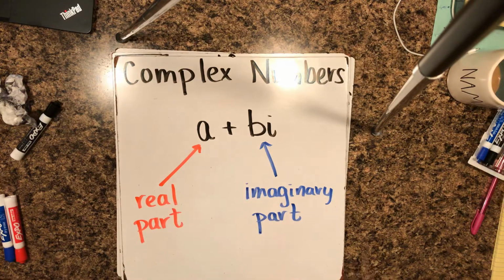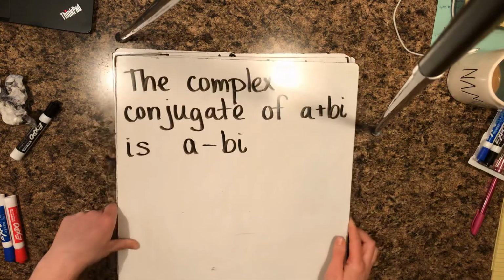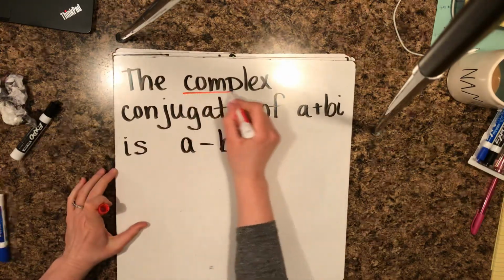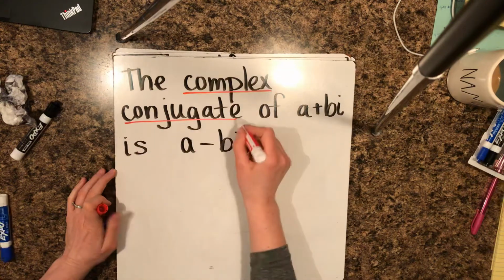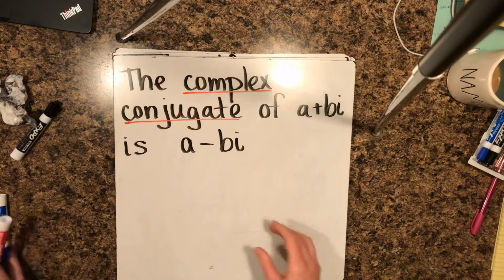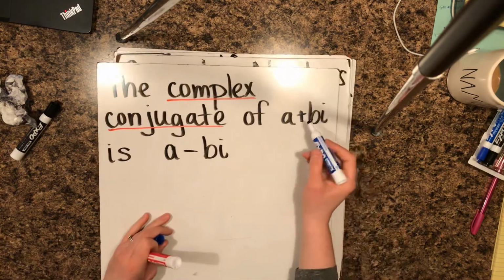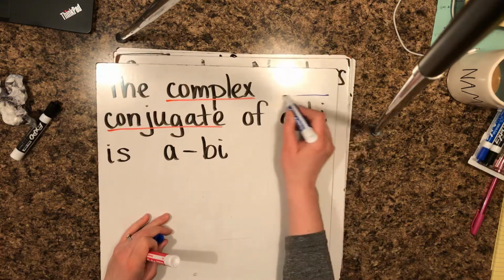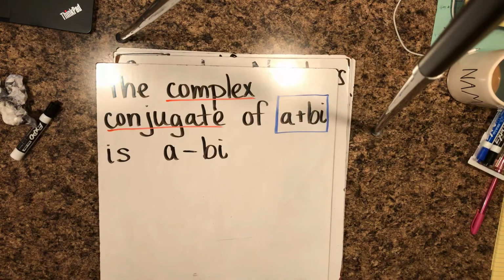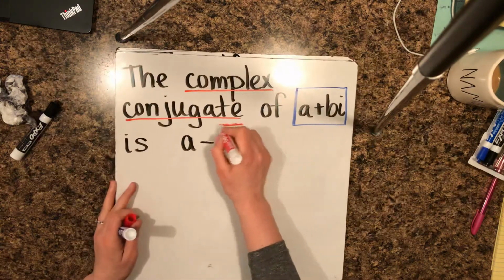Speaking of vocabulary, let's talk about the vocabulary of complex conjugate. Again, this is just a definition. These are just words. You have to know that the complex conjugate of the complex number a plus bi is a minus bi.